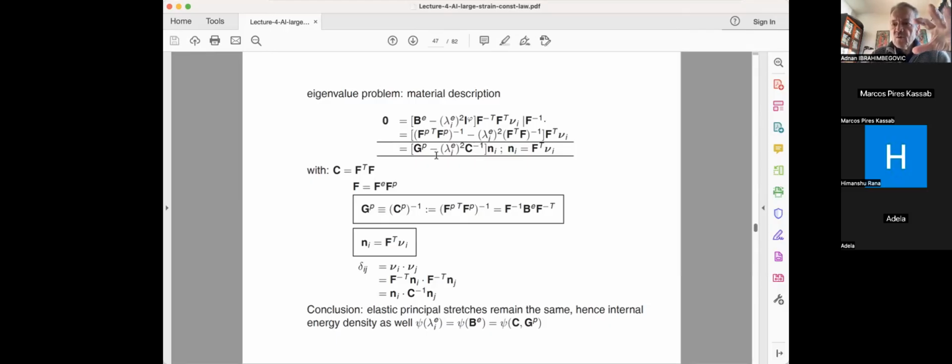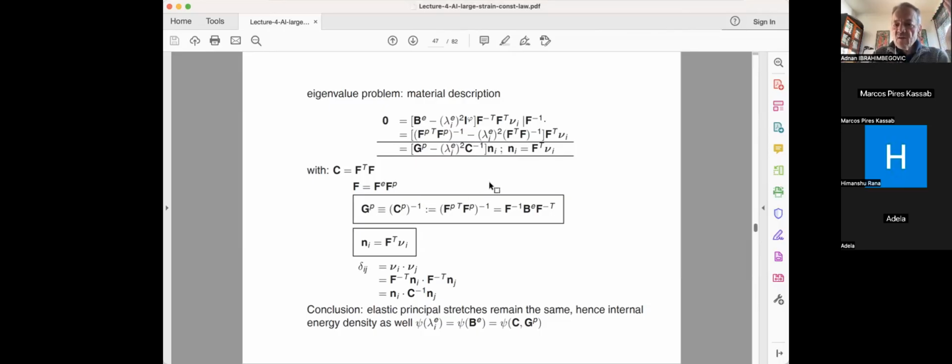So basically, if you want to do a material representation, you have to be able to quantify the metric with the total deformation tensor, and you have to be able to quantify the plastic deformation with this plastic Cauchy-Green tensor, inverse of that.